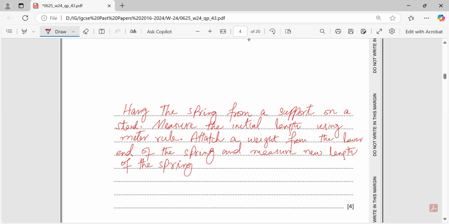And now calculate the extension, weight or force, you know.